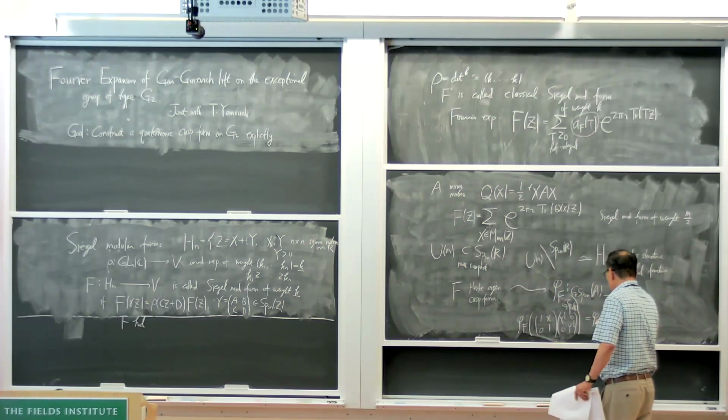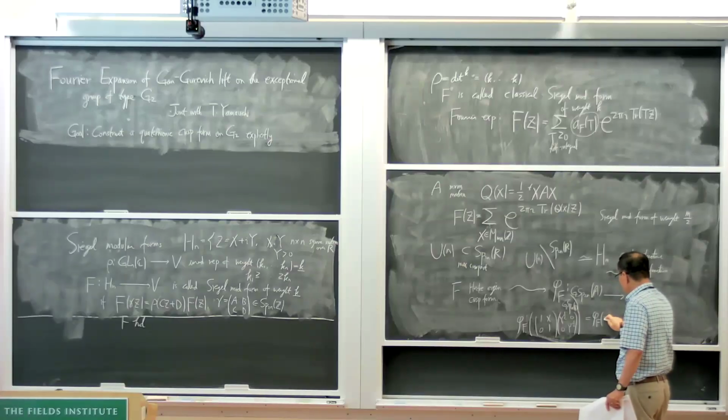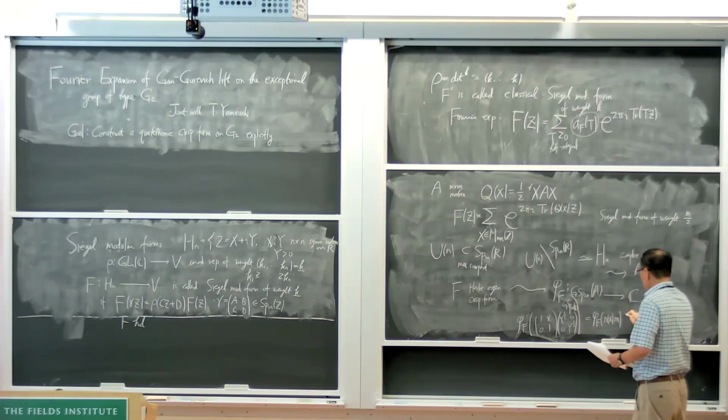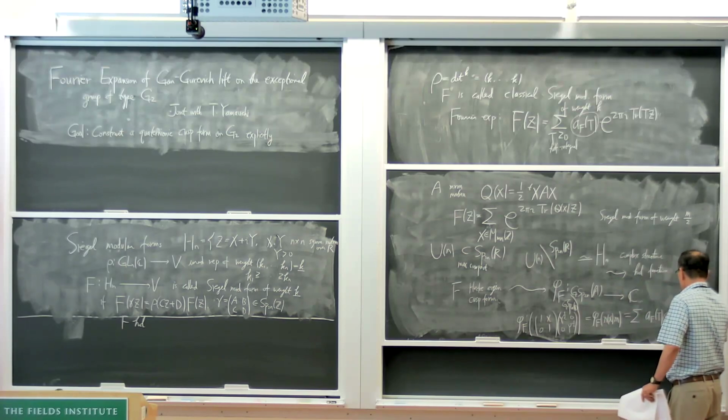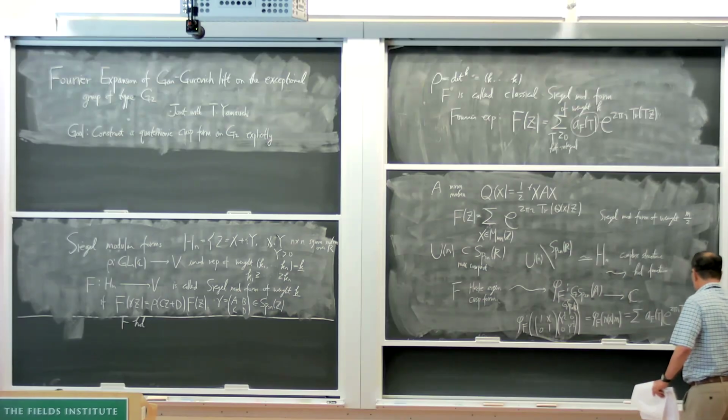So let me write for future reference, I denote by n x times m. So this is e to the 2 pi i trace of tx, e to the minus 2 pi trace of ty.